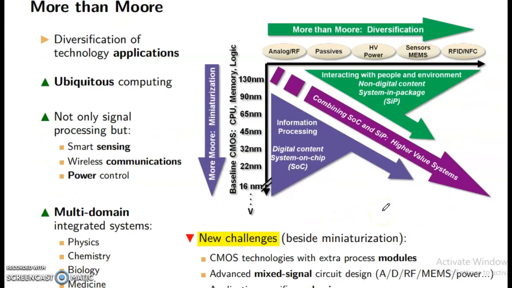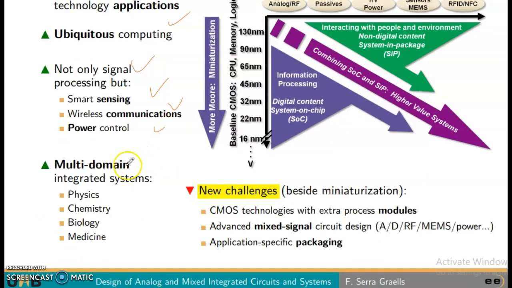Here, more diversification of technology applications: ubiquitous computing, not only signal processing, but smart sensing, wireless communication, power control, multi-domain integrated systems, physics, chemistry, biology, medicine.